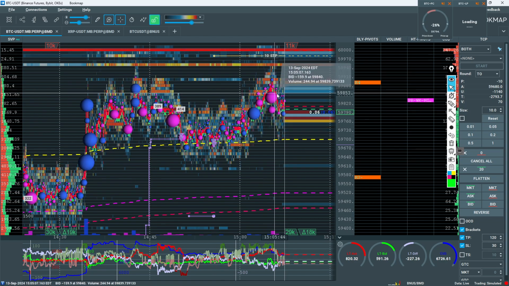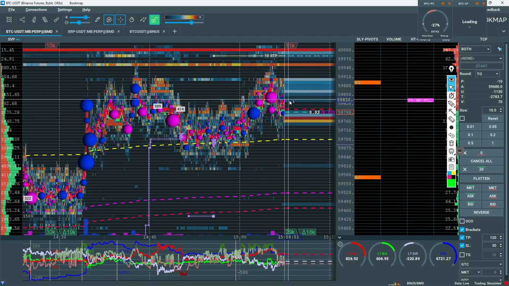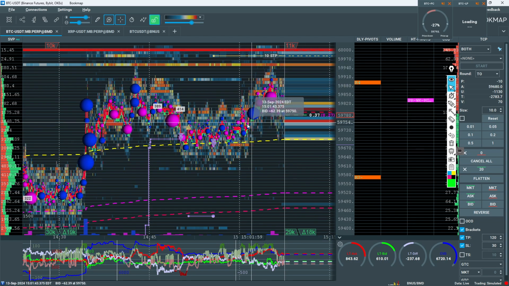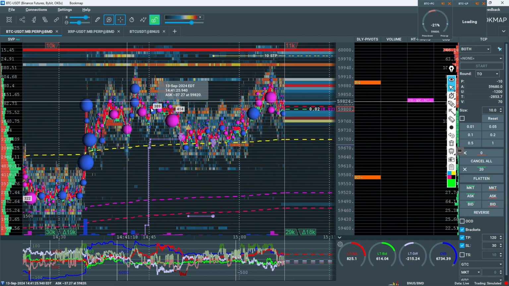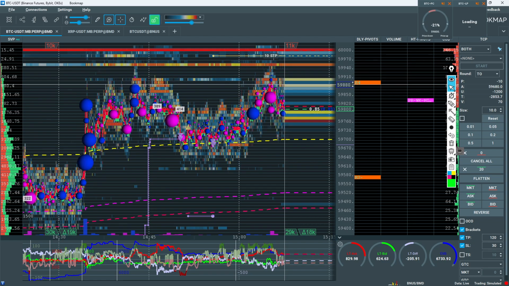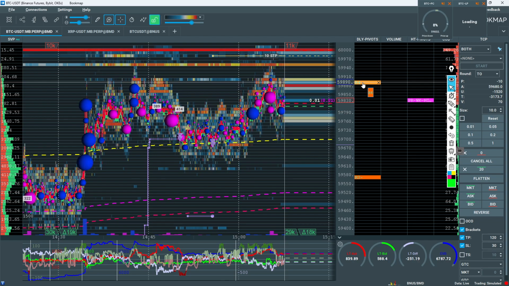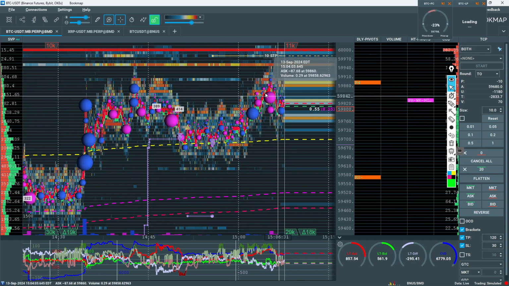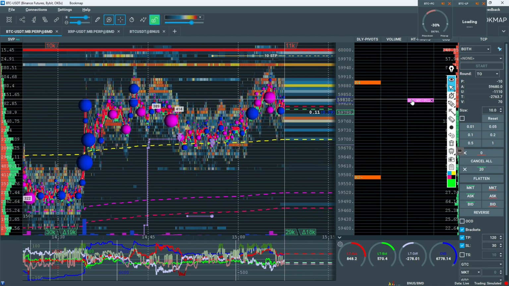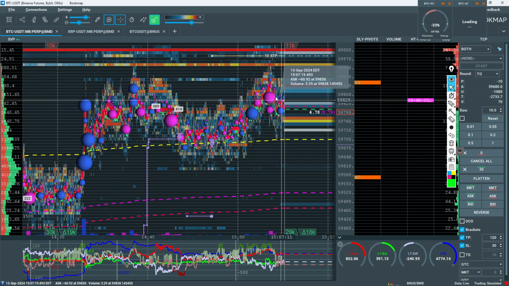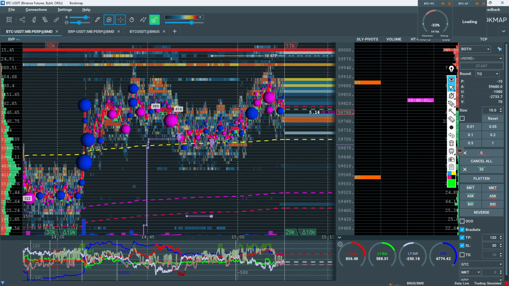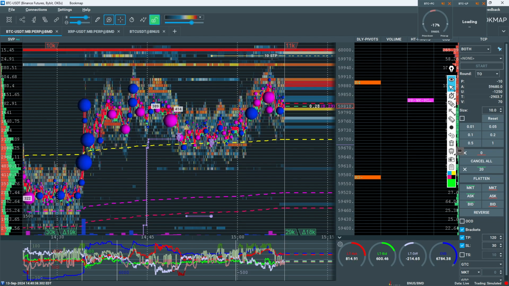You're seeing it going against me, right? But why am I staying in this trade? I'm staying in this trade because I know that this could be profit taken at a very significant level, floor pivot R4. A lot of traders are going to start selling out at this level, right? This is also previous week high. So a lot of traders are going to start taking profits. This is a big bullish run right now.